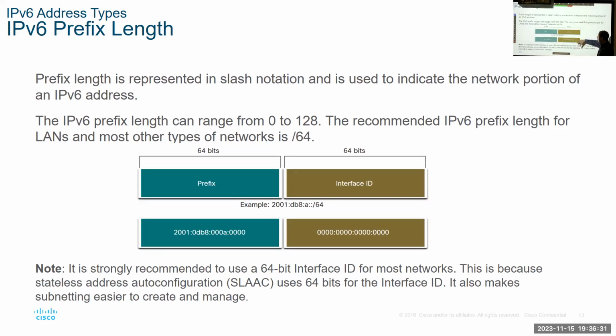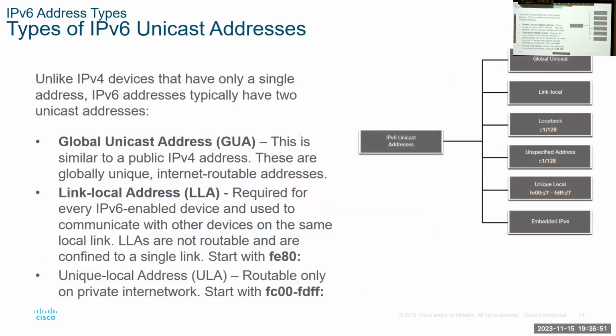And then the last 64 bits are always going to be the interface. So that never changes, unlike v4, where the host part of the address might be 2 bits or 3 bits or 4 bits or whatever. In IPv6, it's going to be 64 and should always be 64. And we'll see an example of subnetting pretty quickly.